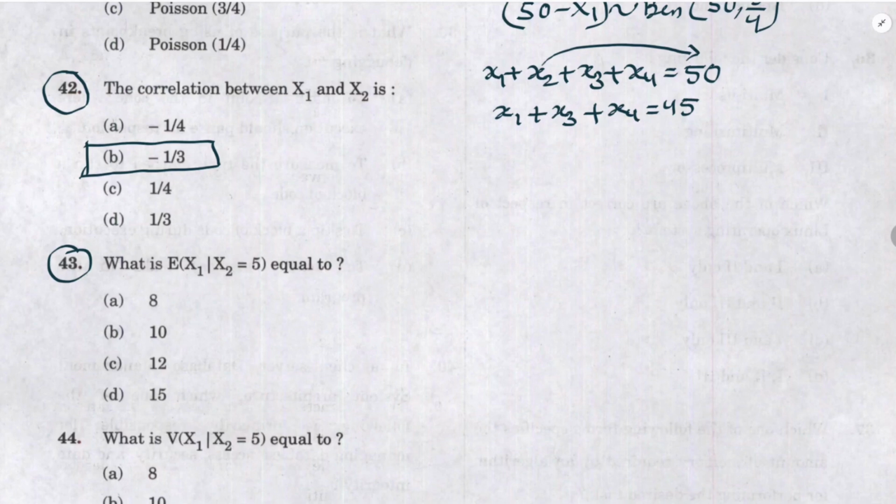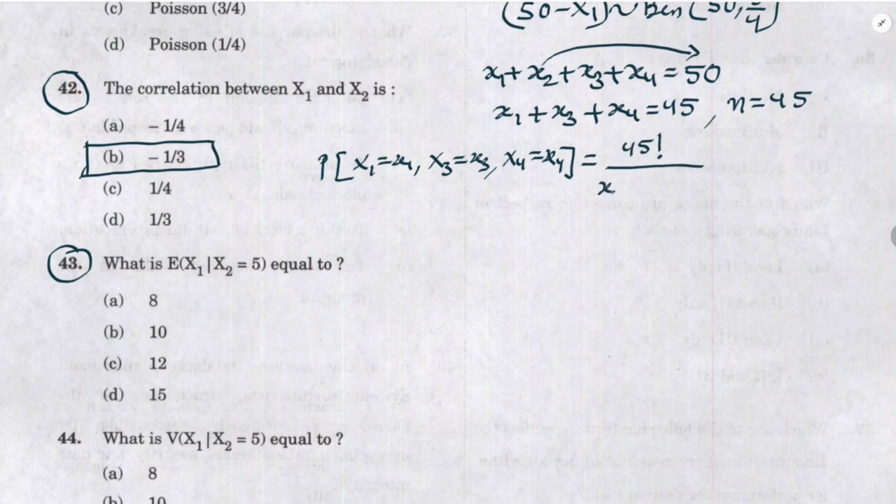Now consider a new multinomial distribution with 3 variables x1, x3, x4 with the value of n being 45. In that case the PMF can be written as P(X1 equals small x1, X3 equals small x3, X4 equals small x4) equals n factorial, and in the place of n we now have 45, divided by x1 factorial, x3 factorial, x4 factorial.